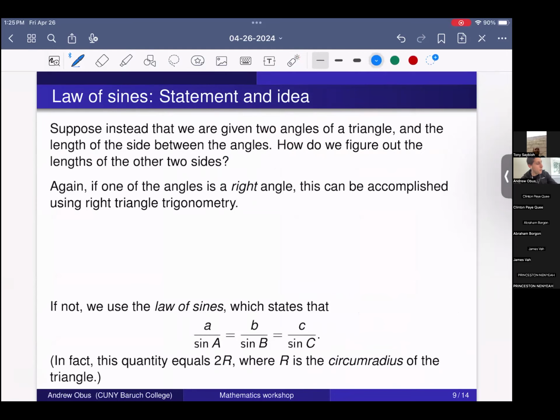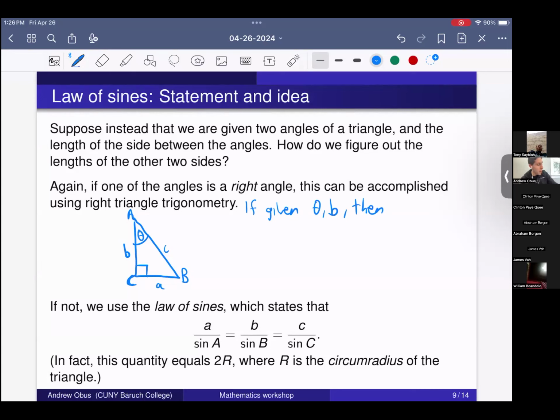Again, if one of the angles is a right angle, then you can do this with right angle trigonometry. Let's say we have triangle with vertices A, B and C, and we know this angle theta, and we're also given this side here. So for a right triangle, if we're given theta and also B, then we can figure out the other sides.